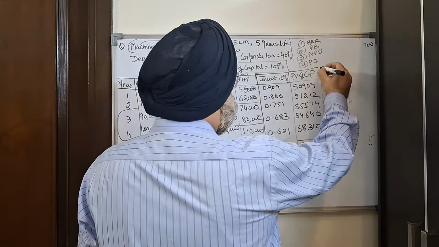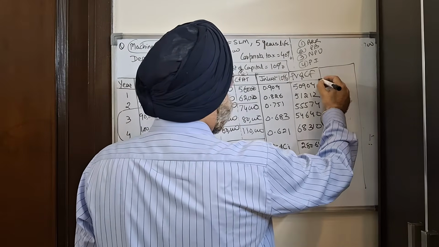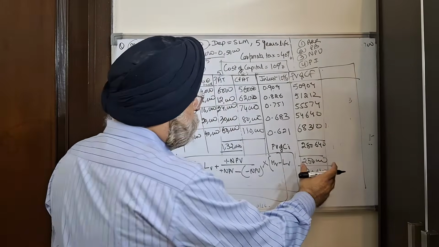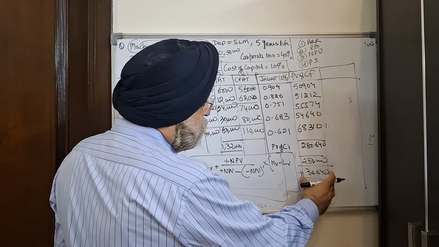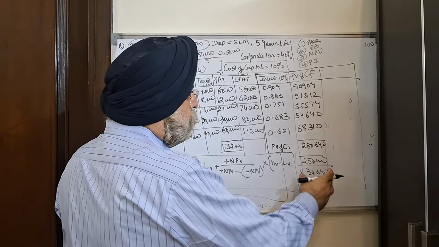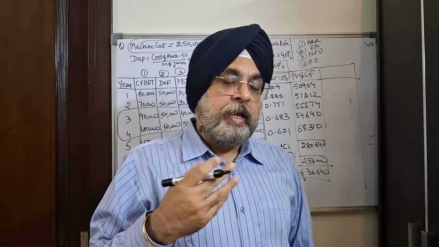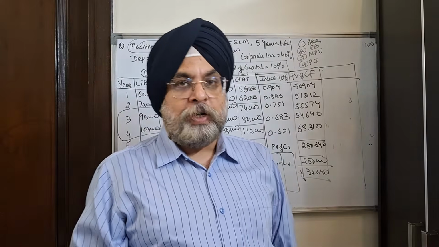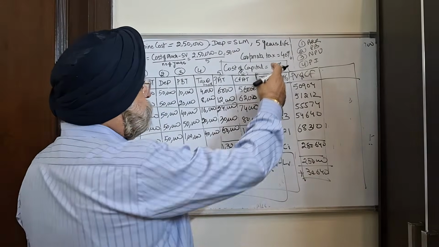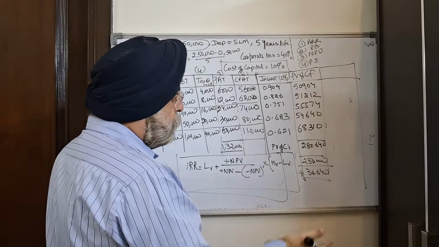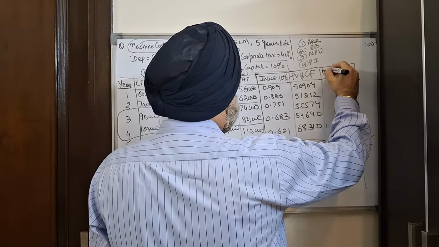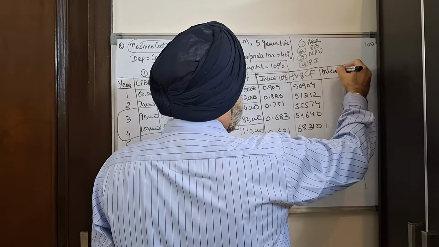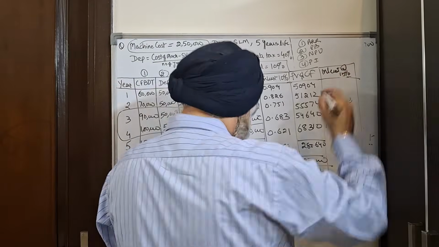Now what we can do, we have already got a positive NPV value. Now we have to get a negative NPV value. What we will do, at 10% it is coming positive, so you increase the percentage. Now the interest rate at the rate 15%.